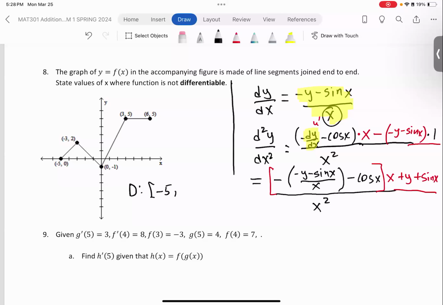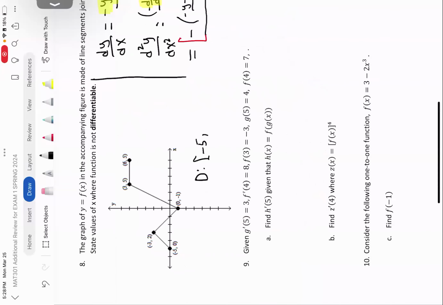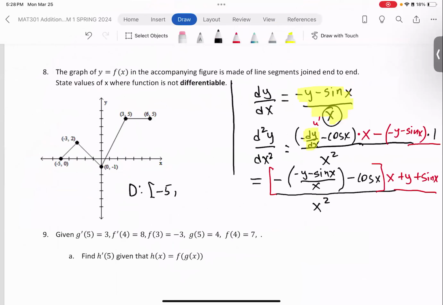-5 to? Oh, hey, flip back. -5 to 6. Why are you saying 5? Oh, that looks like a 5?